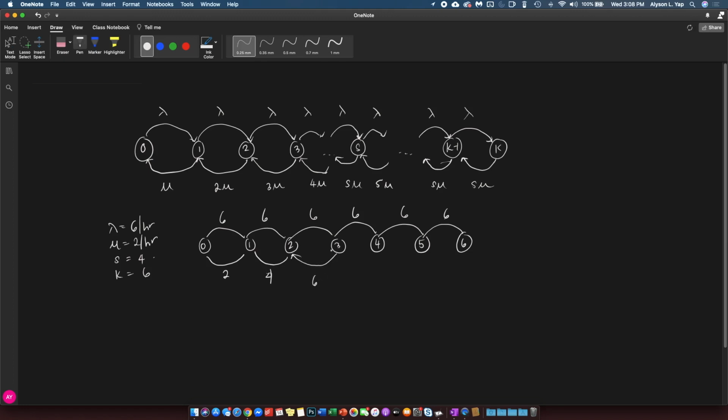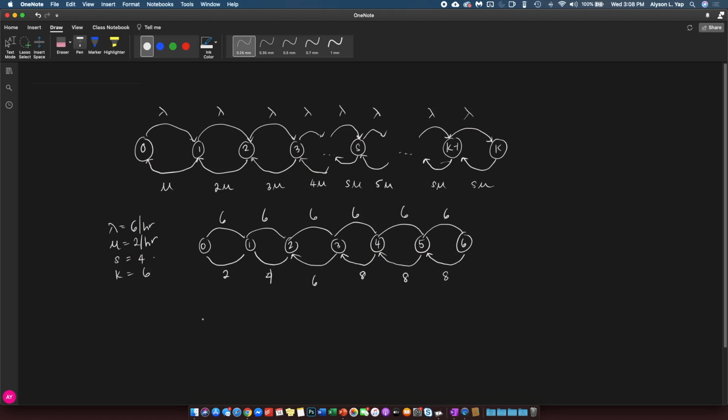Sorry, it will increase up to 8. And then once you reach 8, it will now be constantly at 8 because you only have 4 servers. So even if you have 5 or 6 customers, the number of busy servers is still 4. Therefore, your overall service rate is still 8. And we stop at state equals 6.